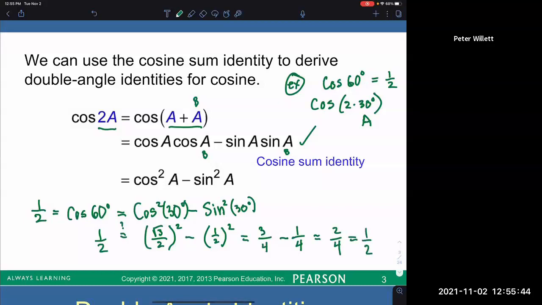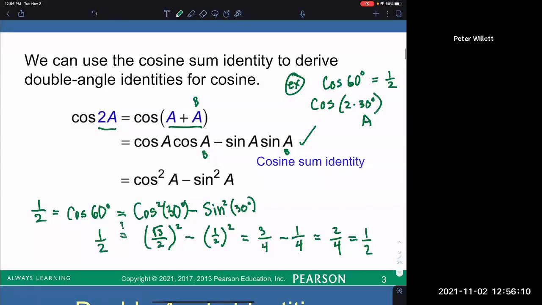And so this, at least in this example, is helping us see what this identity says and that it is true. We wouldn't need this identity to calculate cosine of 60 degrees, but we can see that you get the correct value when applying it. And this kind of shows us what the identity says and how it works as well.